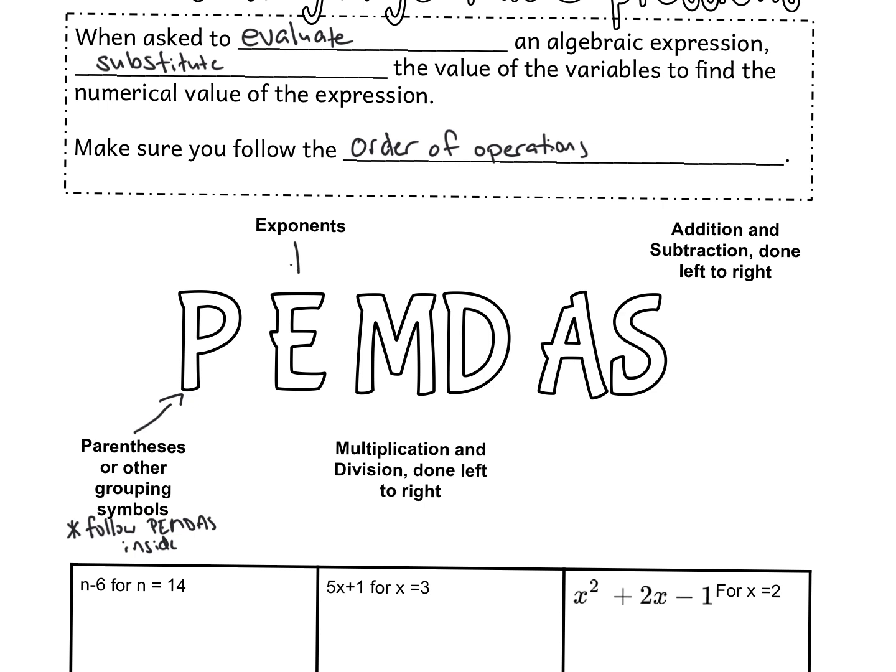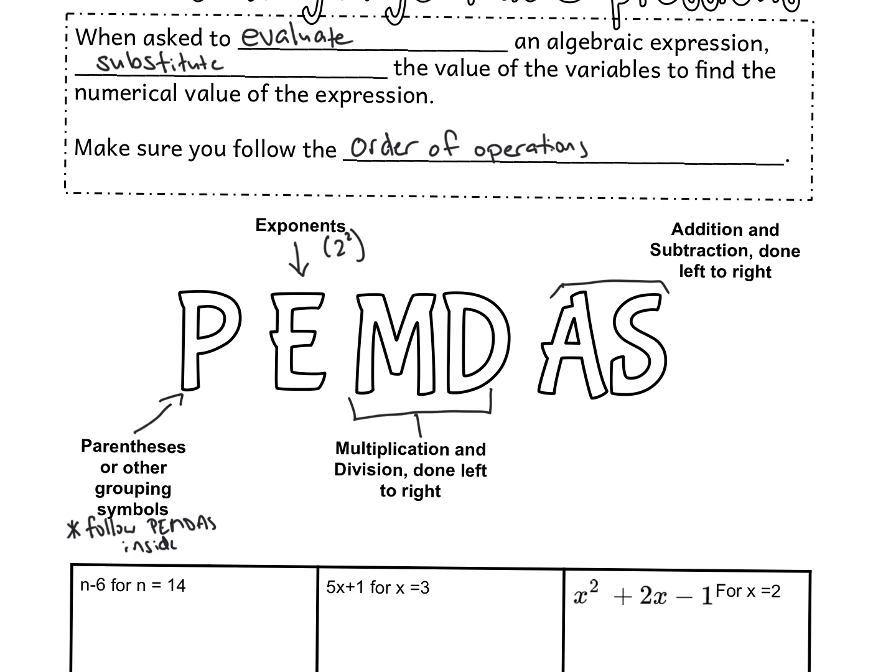And then our E is exponent. So for example, this would be like 2 to the second power. And then probably the part where I see people make the most mistakes is with multiplication and division, and also with addition and subtraction.